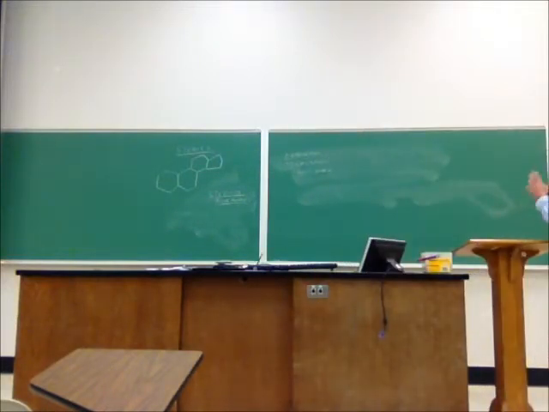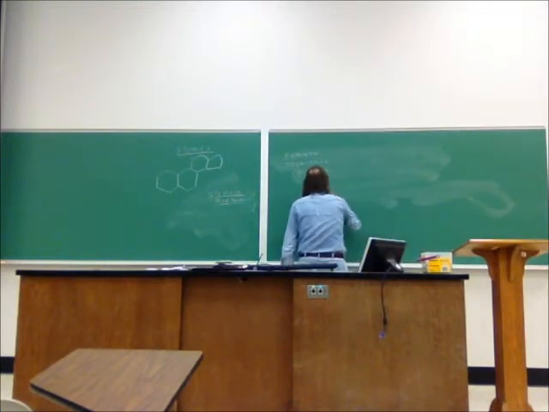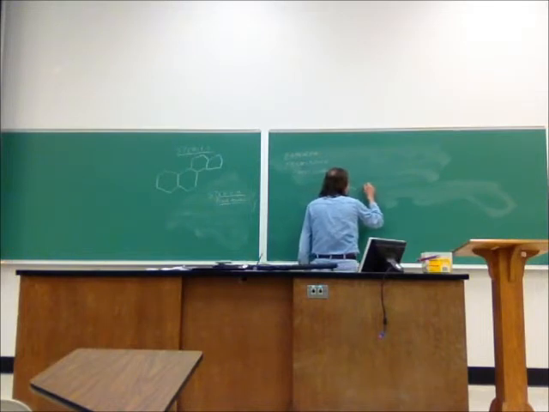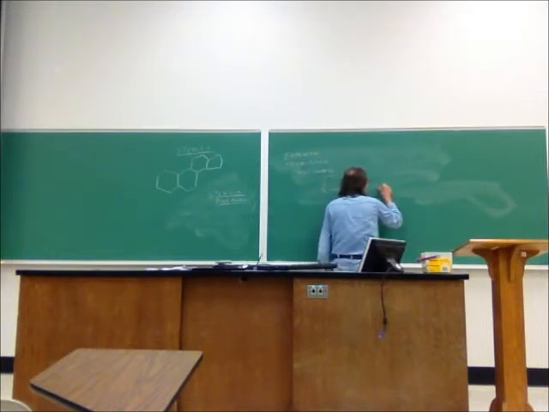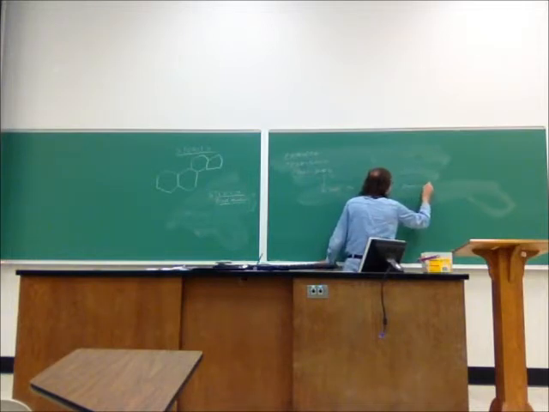Okay, now, how and why do these things work? Well, steroids work by binding to certain proteins that we call steroid receptors. And there are different kinds for each steroid.